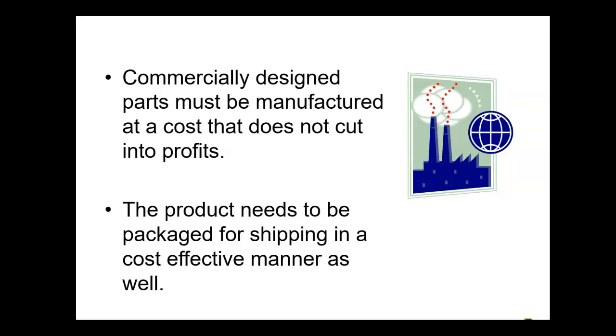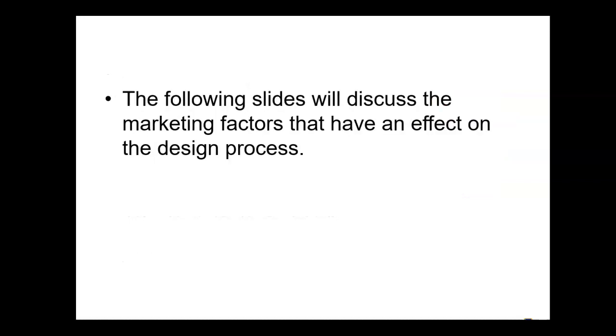Commercially designed parts must be manufactured at a cost that does not cut into the profits, though. So the product needs to be packaged for shipping in a very cost-effective manner as well. The following slides will discuss the marketing factors that have an effect on this design process.